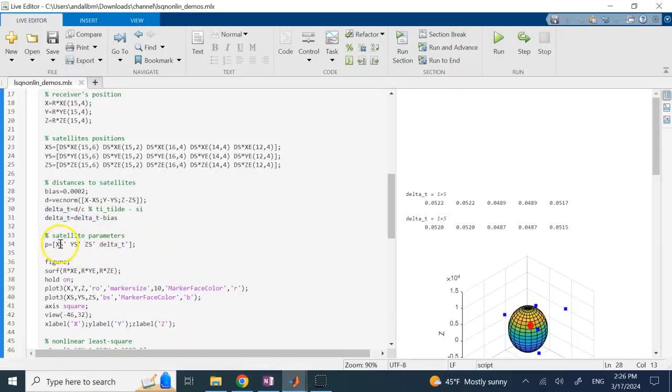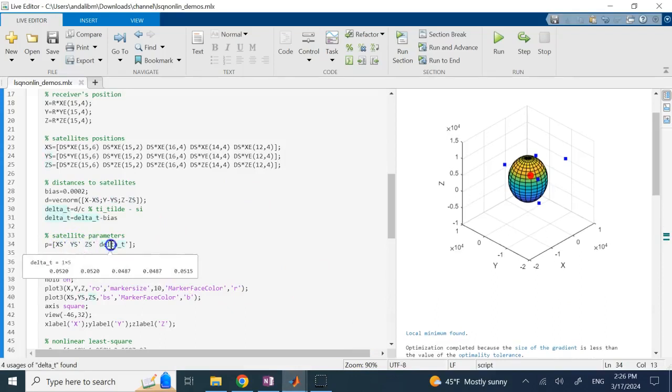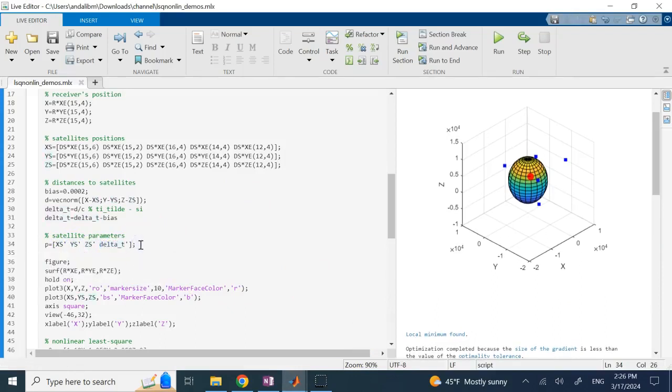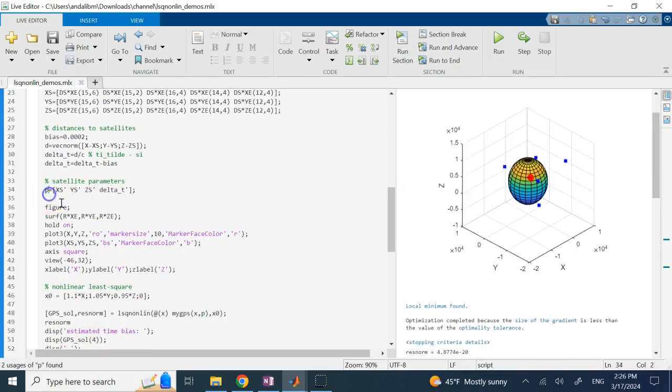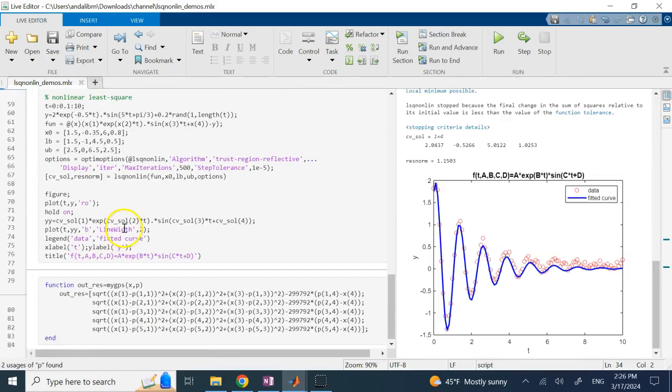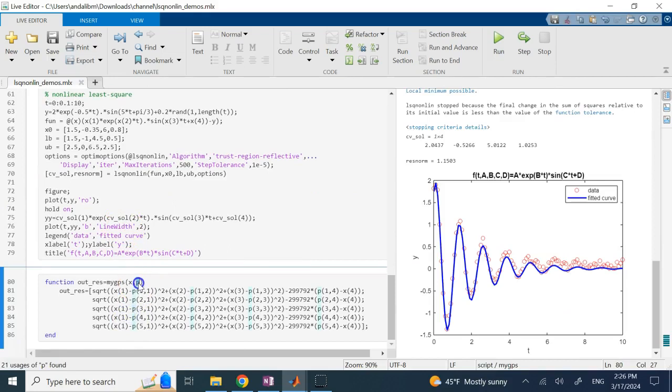Now I put all of the X, Y, Z's of the satellites and the delta T between them and the receiver into this vector p, and this p is all known. There is no unknown in it, so I use that p in the function that I wrote for optimization. So x here involves the 4 unknowns of my problem: x of the receiver, y of the receiver, z of the receiver, and b.